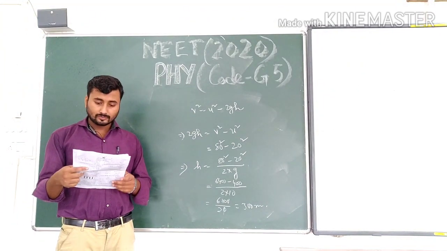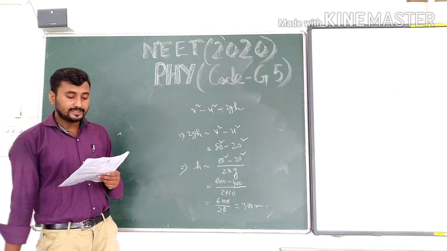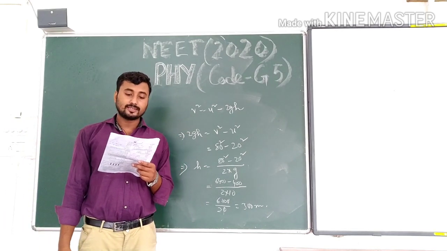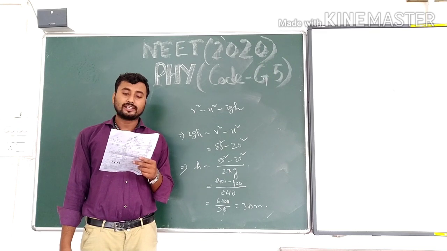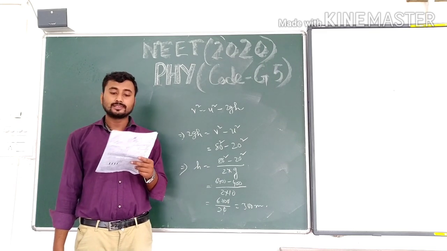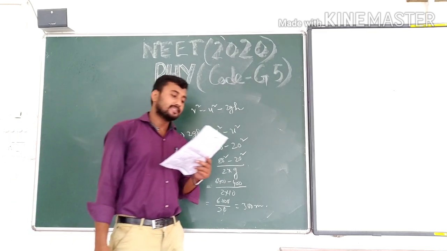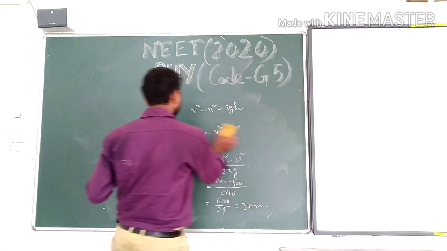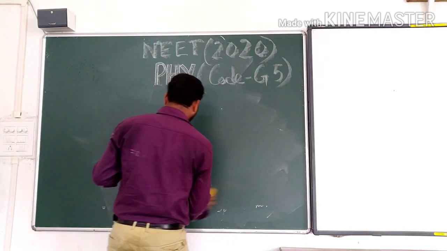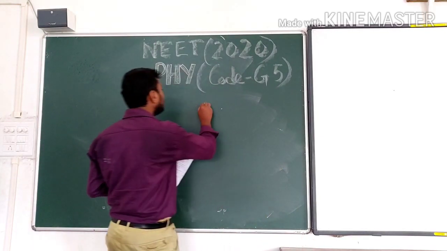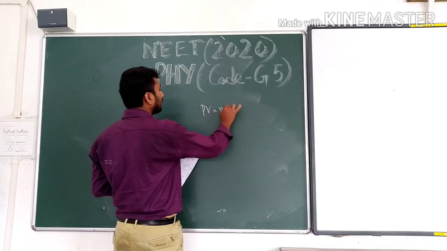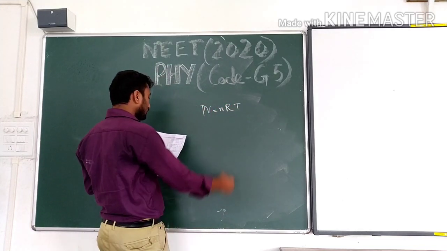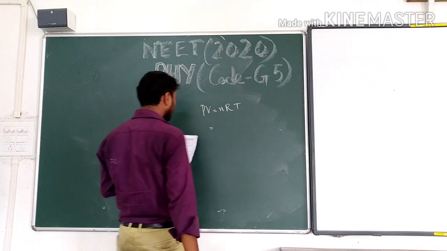Okay. Next question. A cylinder contains hydrogen gas at pressure of 249 kilopascal and temperature 27 degrees centigrade. Its density is. Now you will find we have PV is equal to nRT. Okay. So n means what? Number of moles.